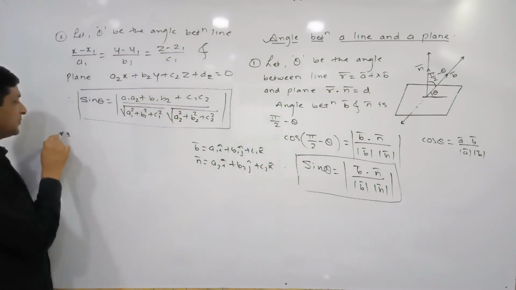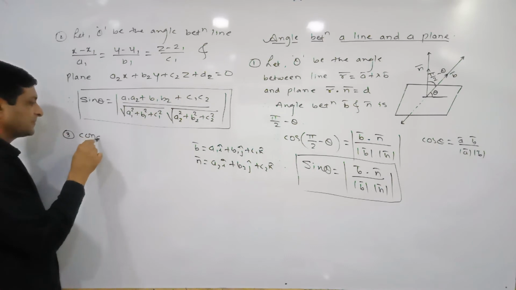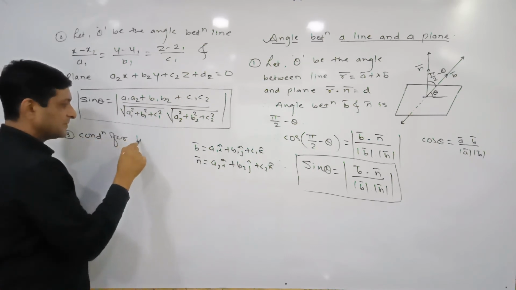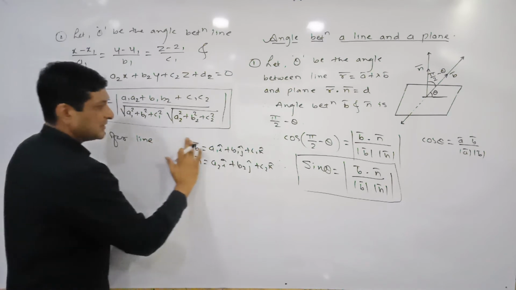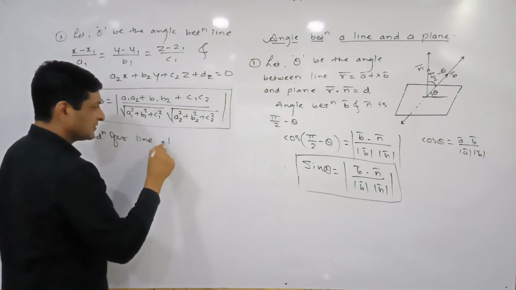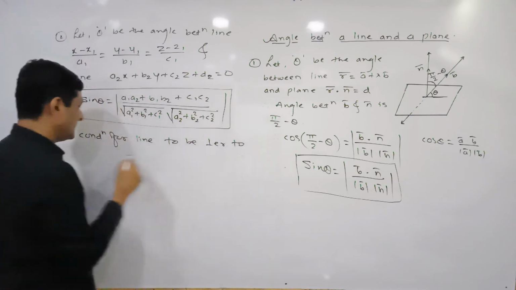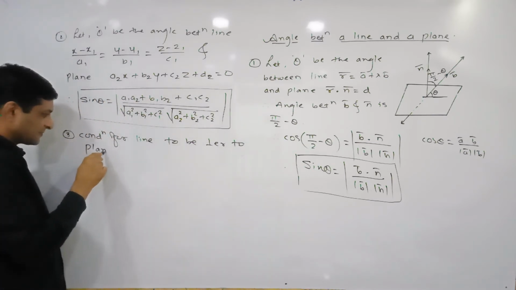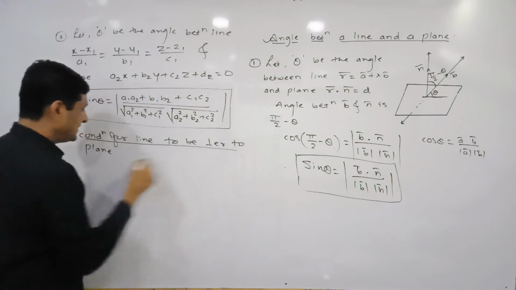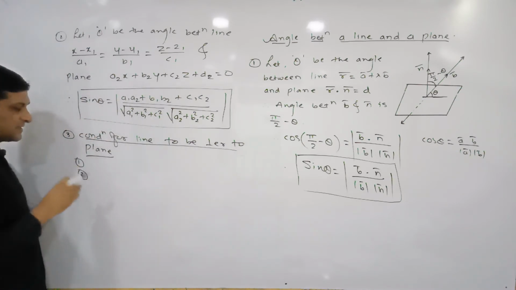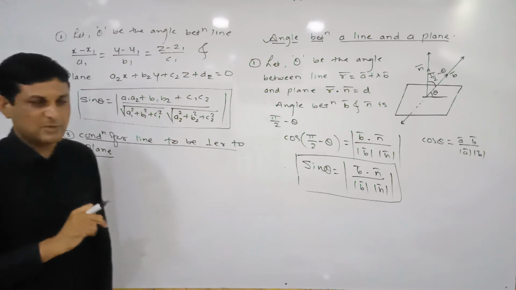So the third point: the condition for a line to be perpendicular to the plane. First we will discuss one condition in vector form, and then we will discuss the condition in Cartesian form also.